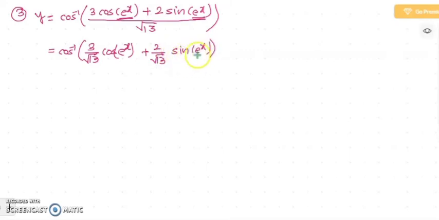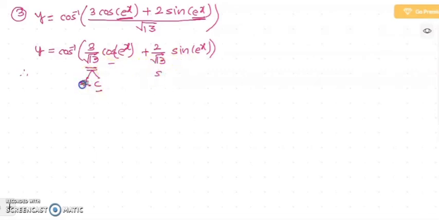In place of x we have e raised to x. That's the only difference. Now, as we discussed in the type, we will write this 3 by root 13 as either sine alpha or cos alpha. What would you choose here? This is cos inverse outside, so choose cos combination. So this is cosine, so I need another cosine, so cos plus this will be sine.